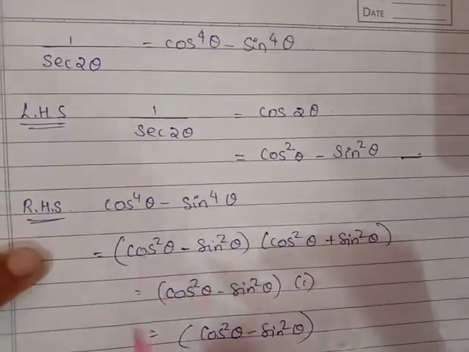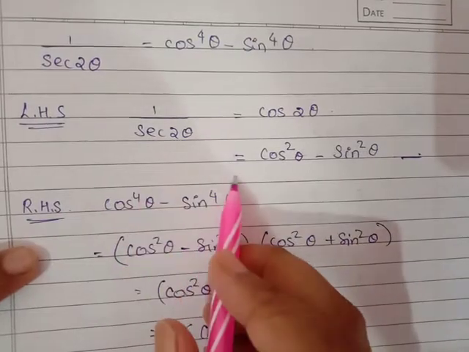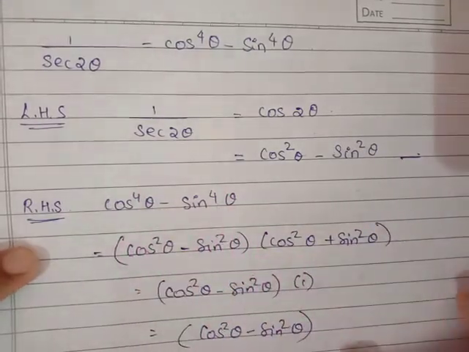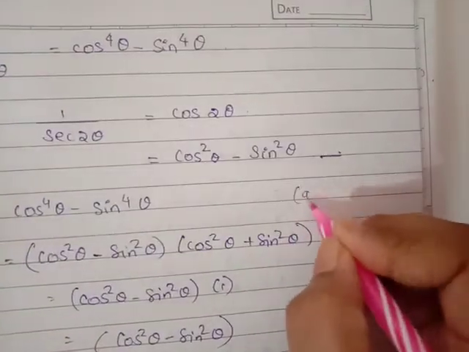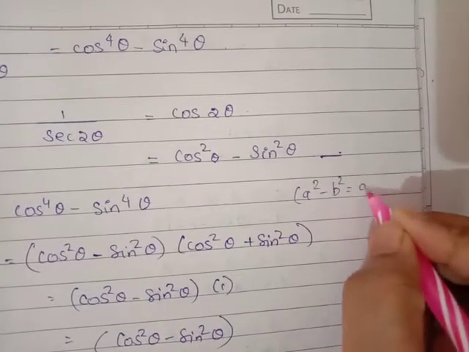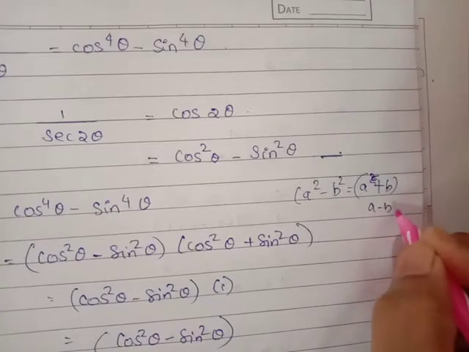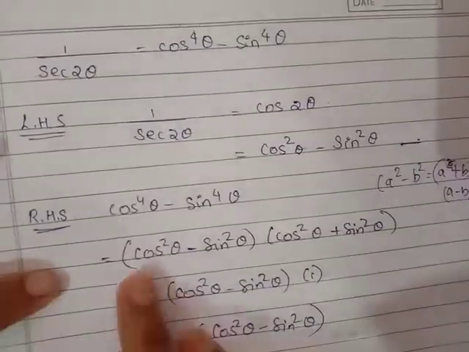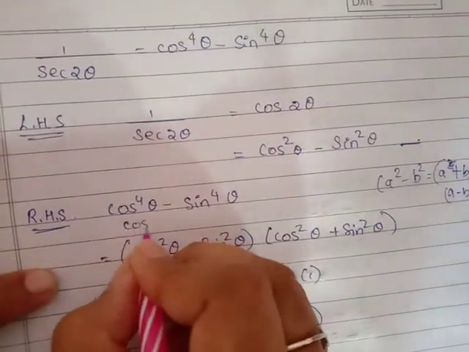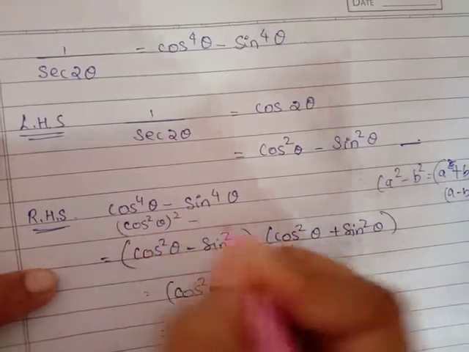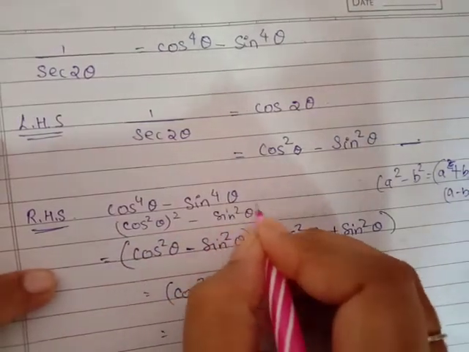Now we shall move on to cos power 4 theta minus sin power 4 theta. So this is of the form what? a square minus b square equal to (a plus b) into (a minus b), right? So here this is actually (cos square theta) the whole square minus (sin square theta) the whole square.